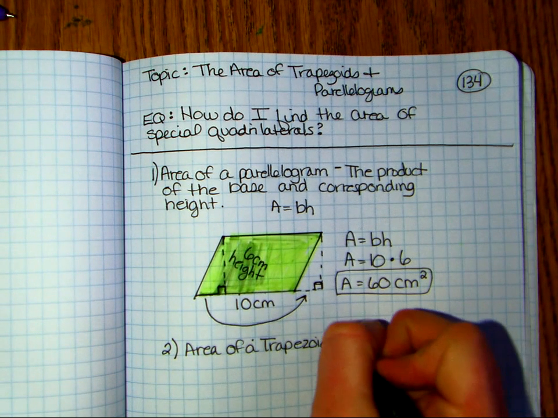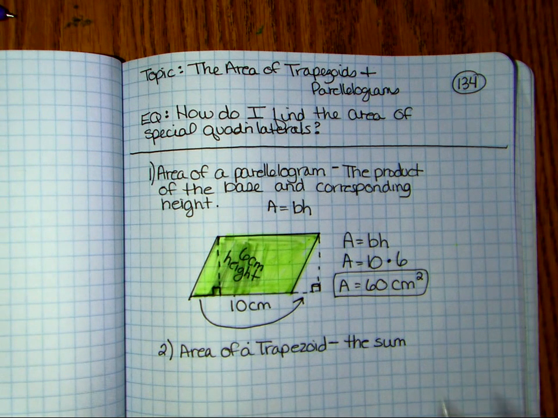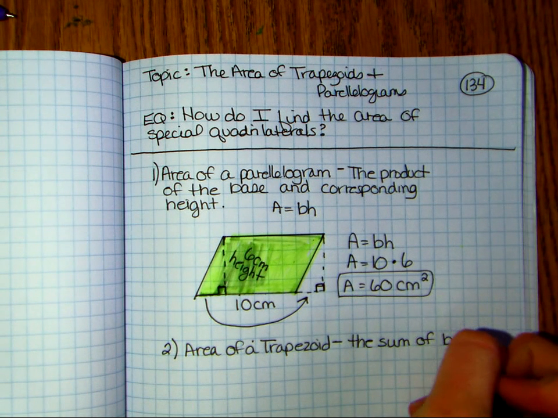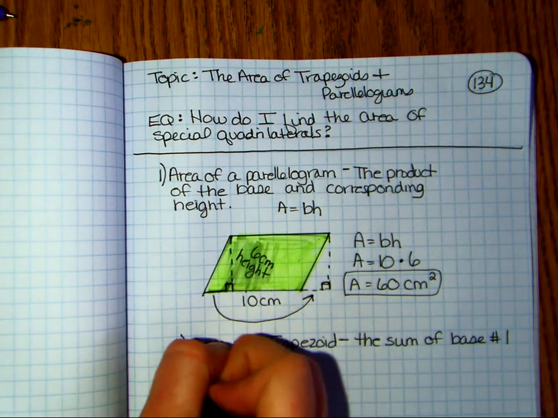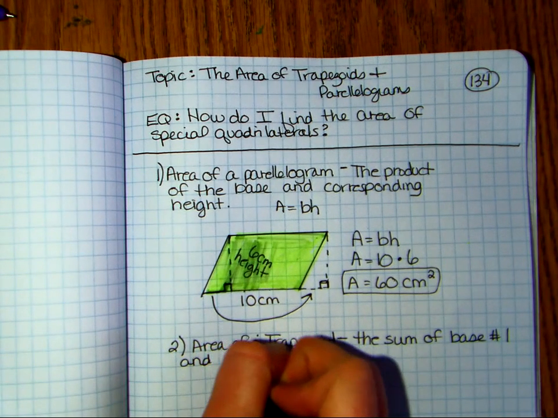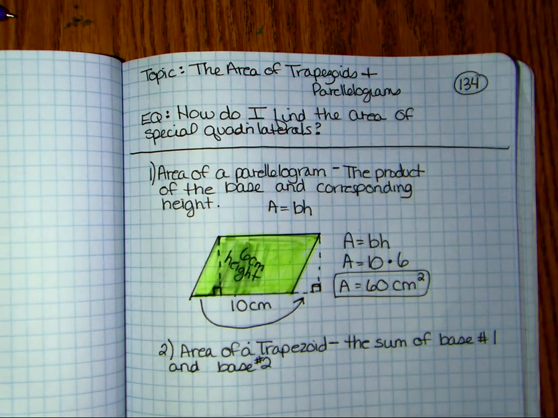It would be the sum, so we're going to add something, of base 1 and base 2. So we're going to add base 1 and base 2, and you'll see what that is in just a second.